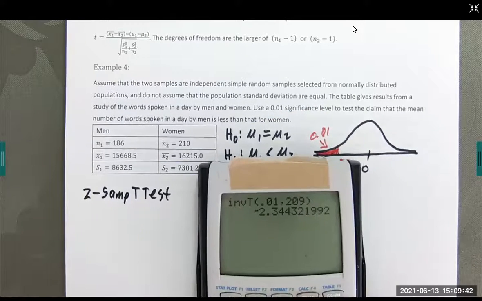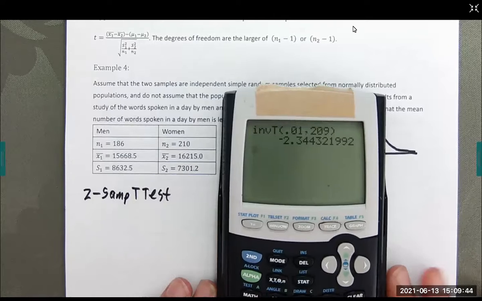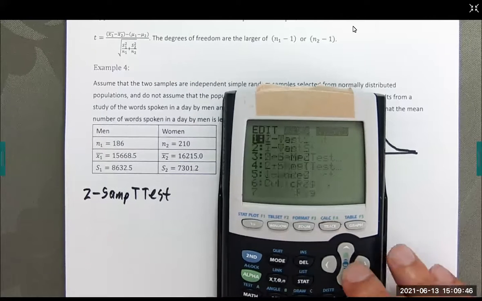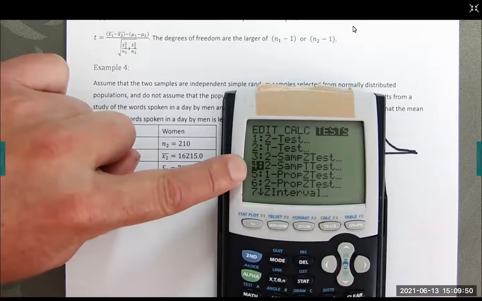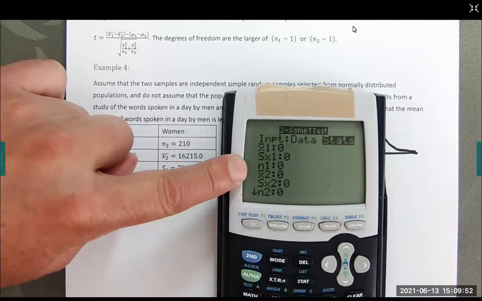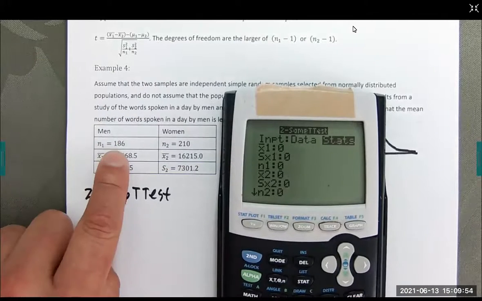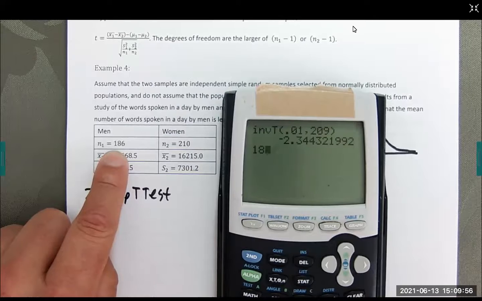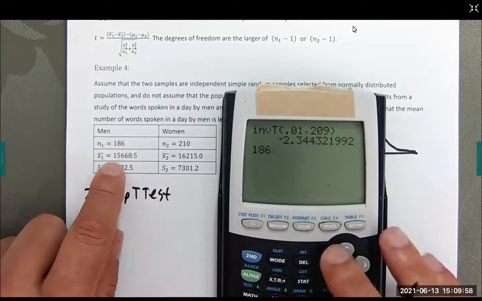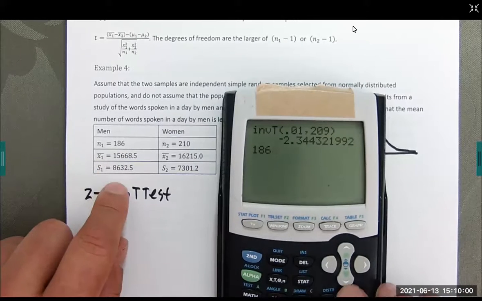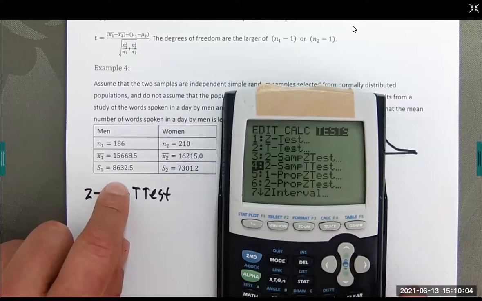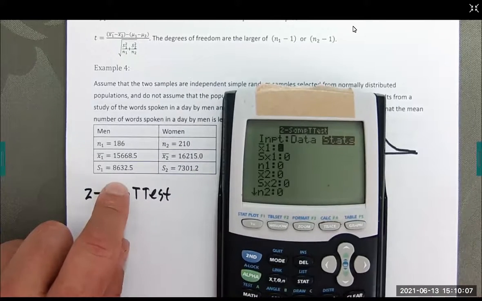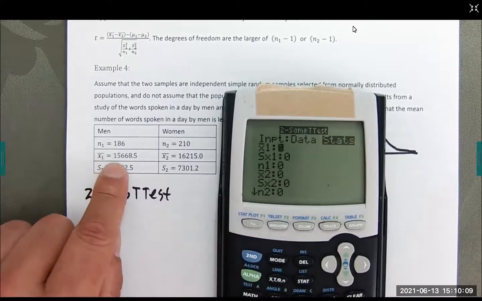We go to stat, tests, 2 sample t-test right there. And x bar sub 1 is... oh, that's n, pardon me. Oh, and I kicked myself out. 2 sample t-test. All right, x bar is actually here.